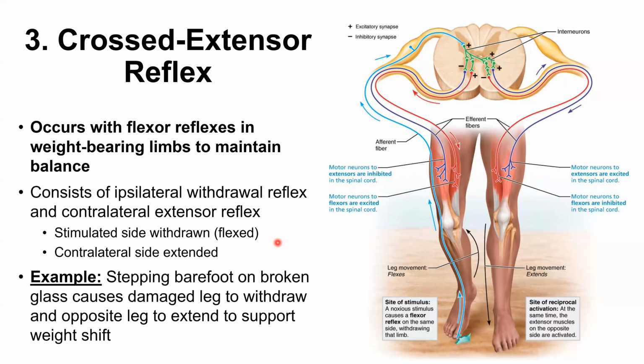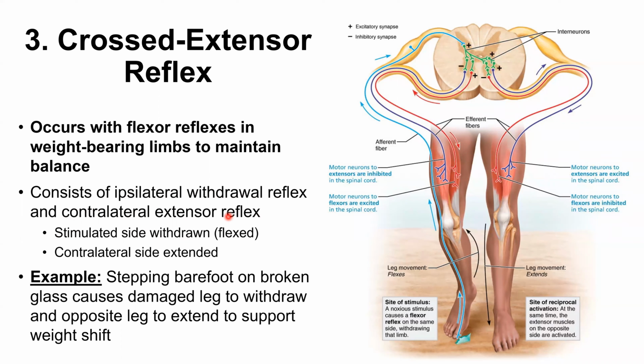So basically what this means is that you have a same-sided withdrawal, so this would be a contraction. So the stimulated side is going to be withdrawn, and contralateral, so this is the opposite side, is going to be extended.